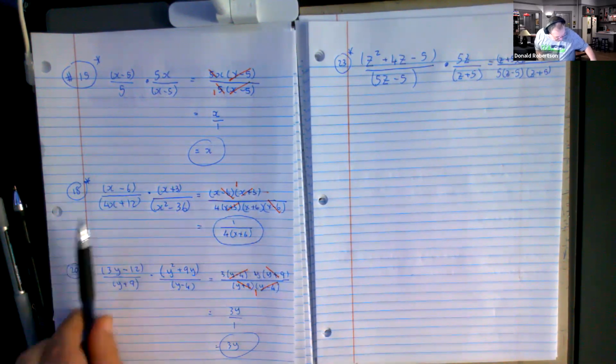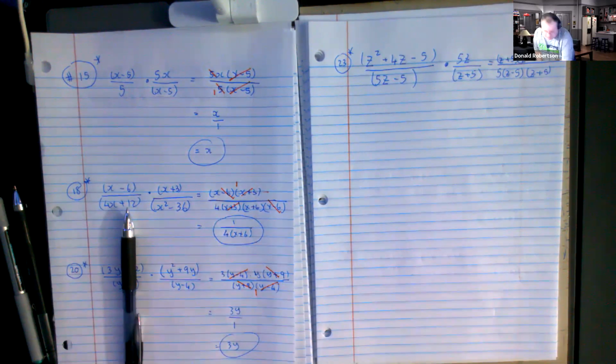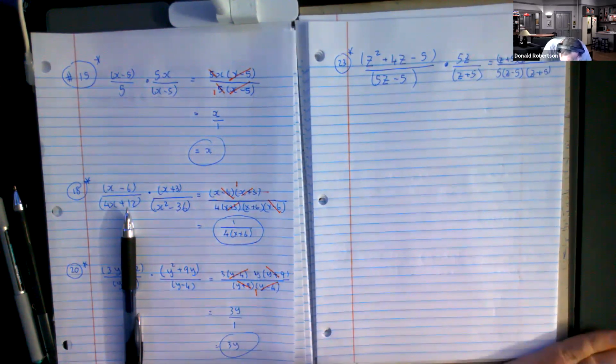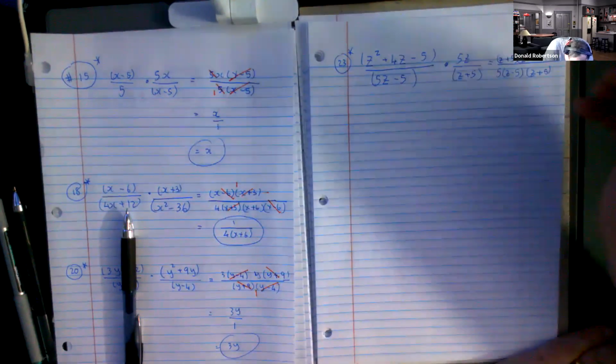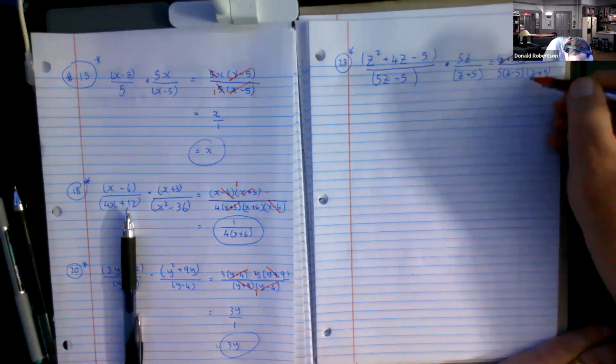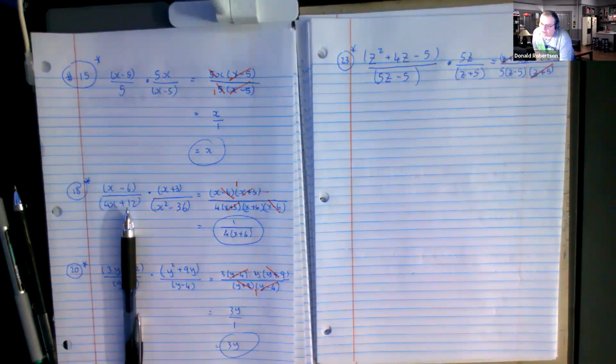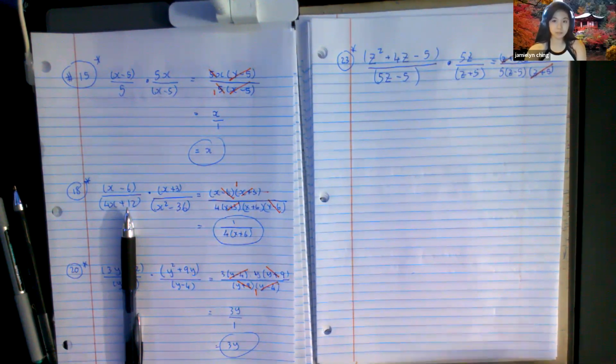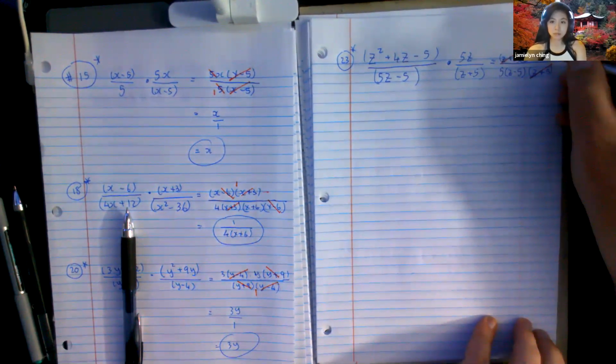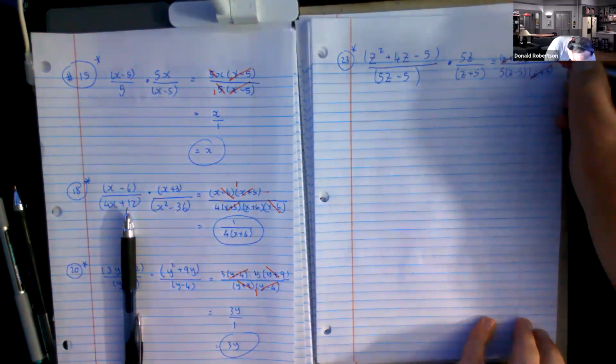So if we do that, and we have, isn't the next step a 1-for-1 cancel, as it always is? I'll pick this one. There's a z plus 5 here that will cancel out a z plus 5 here. Anything else? The minus 5 on the top will cancel out the minus 5 on the bottom. Cancel out these two 5s.